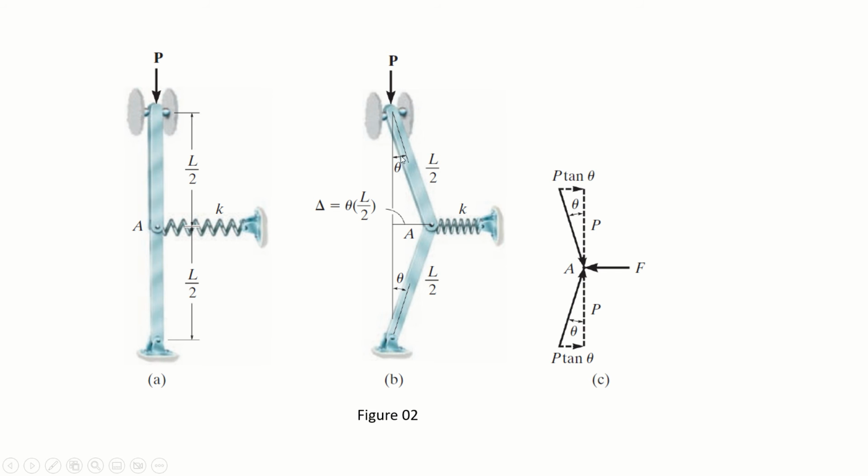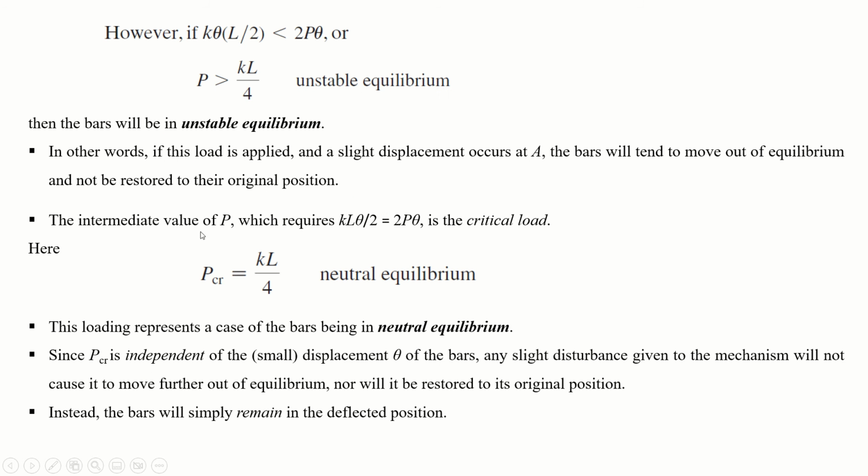The spring will remain in this position and will not deform further, or restore to its original position, unless and until P critical is there. So P critical is that load at which the deformed shape will remain there. It will not restore its position, and it will not further deform and reach instability, right?